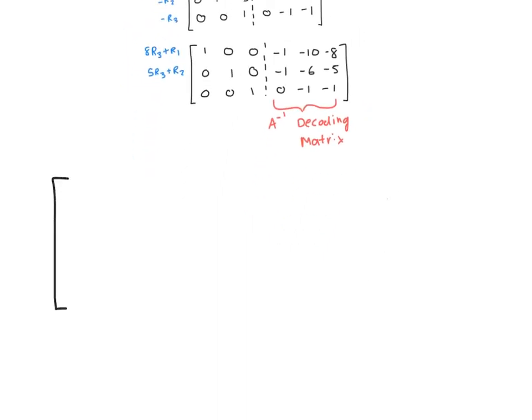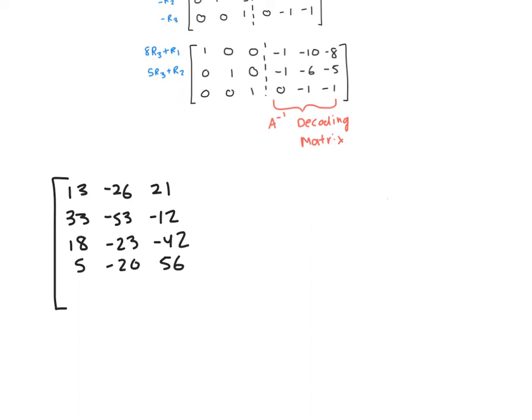I'm just going to write it in a matrix with 3 columns. So it was 13, -26, 21, 33, -53, -12, 18, -23, -42, 5, -20, 56, and -24, 23, 77. So this is our coded matrix.